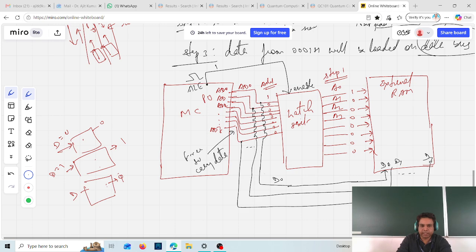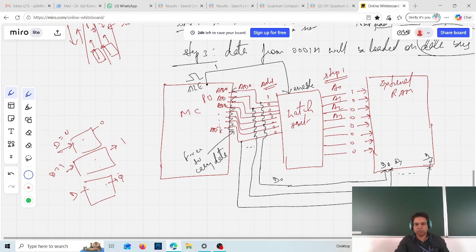And you know it is bidirectional, so you can store it both ways. The purpose of this latch is just to demultiplex the address and data. Once it has been demultiplexed, then you can use that bus to carry the data.